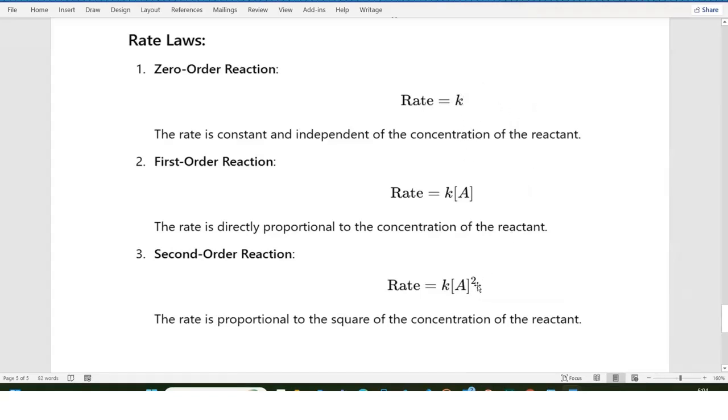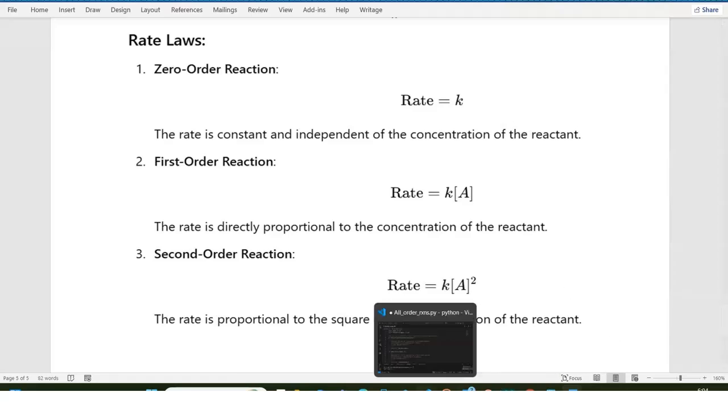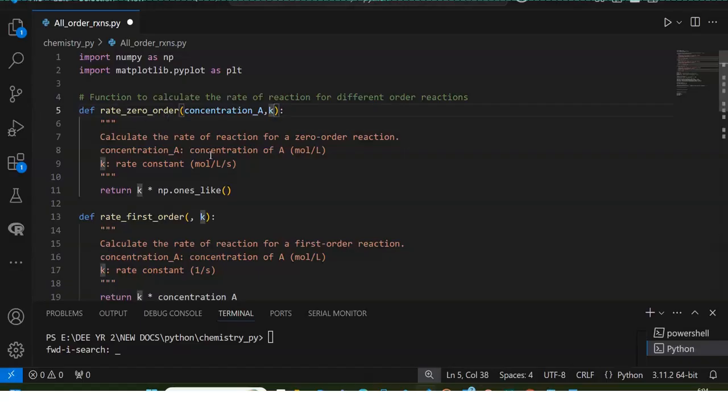If we want to be general, remember here we have A, so we must produce an array of values that are not going to affect our output. The array of values we can use here are ones, so we shall get k times 1, k times 1, k times 1, and so on. To do that, we are going to use NumPy.